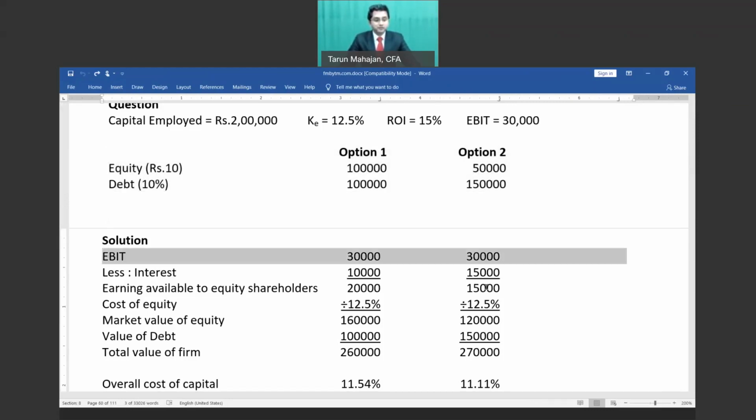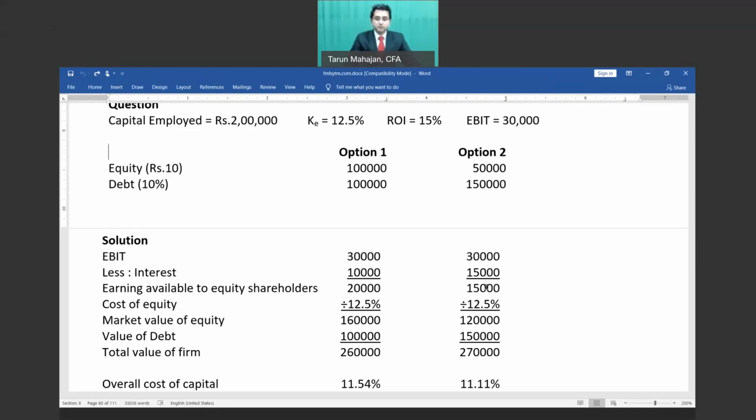EBIT is 30,000. How can you have same EBIT for two options? Should not it be different? Shouldn't we have two different EBITs for two options? Second option has more debt. So its EBIT should be more or should be less?